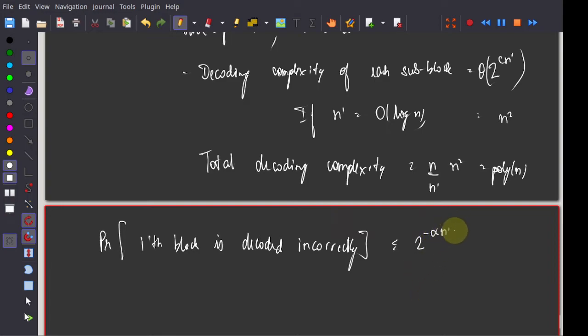But n prime is growing logarithmically in n, so this is polynomial in 1 over n, less than or equal to 1 by n raised to beta for some constant beta. Correct?